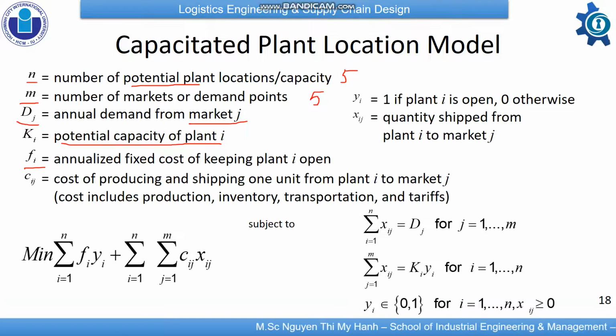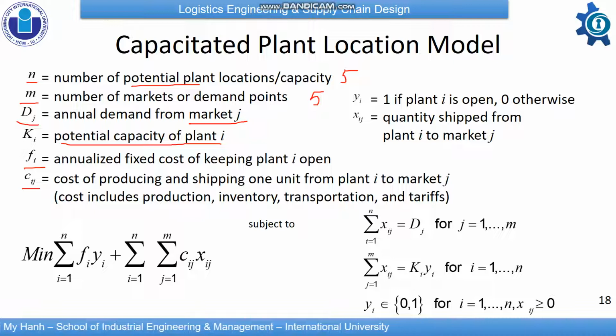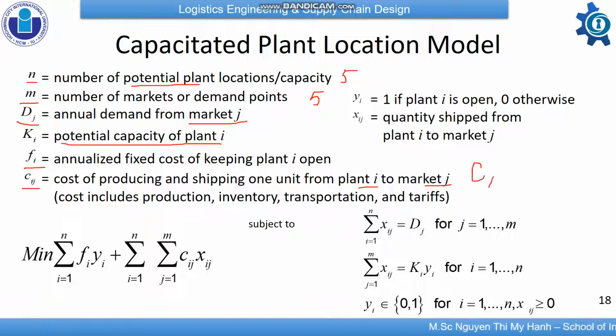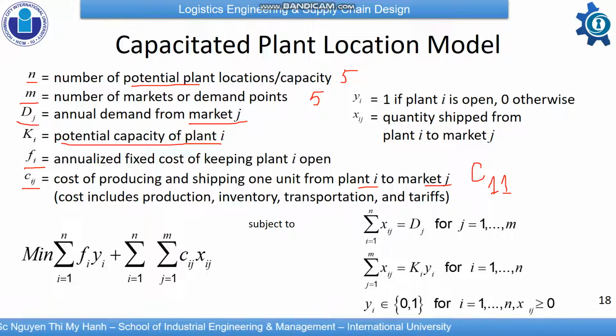And next we have Cij, the cost of producing and transporting from plant I to market J. So let me ask you, if I have C11, that is the cost of producing products in plant 1.